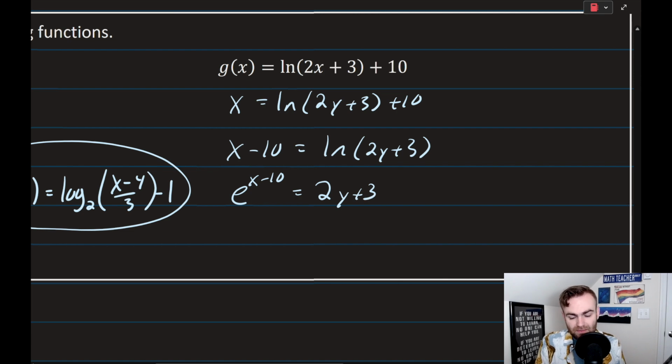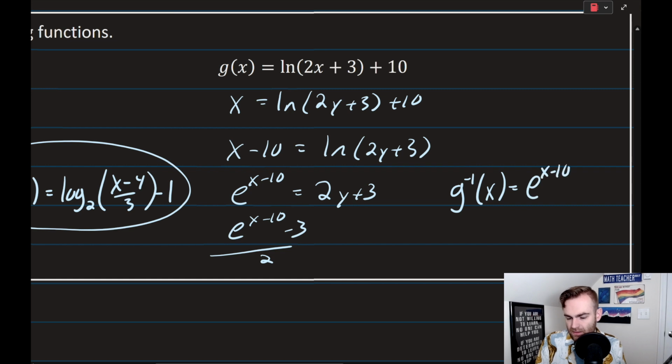Subtract 3 and then divide by 2. So e to the x minus 10, subtract 3 divided by 2. So we get, it's not f this time, it would be g inverse of x is equal to e to the power of x minus 10 minus 3 all over 2.